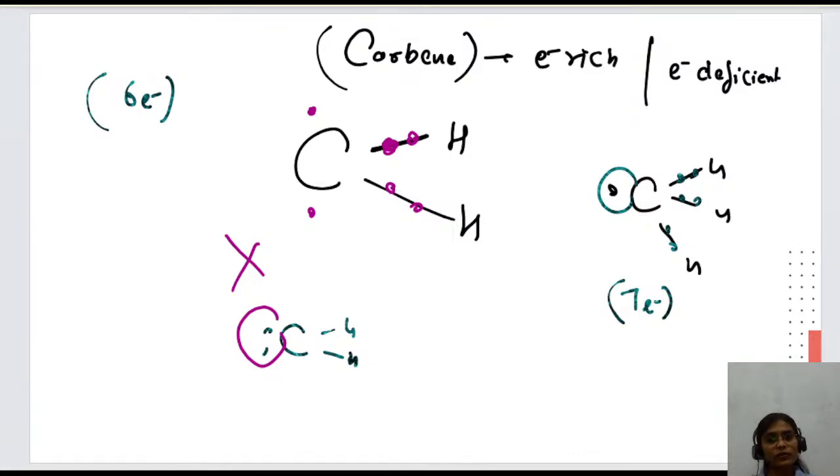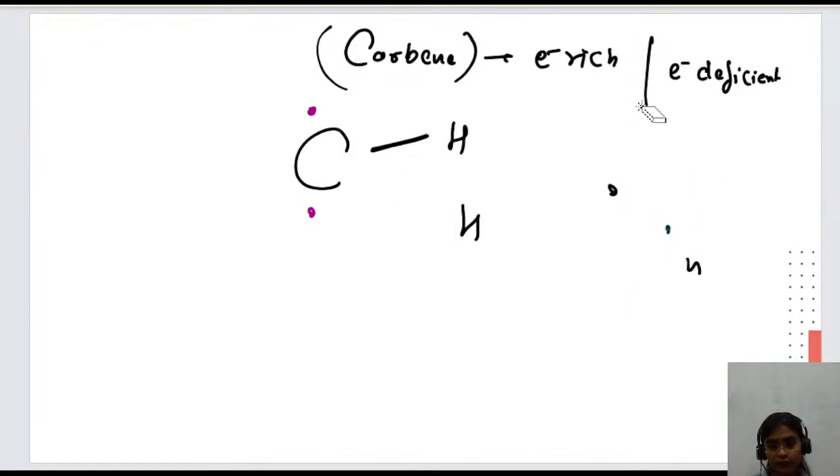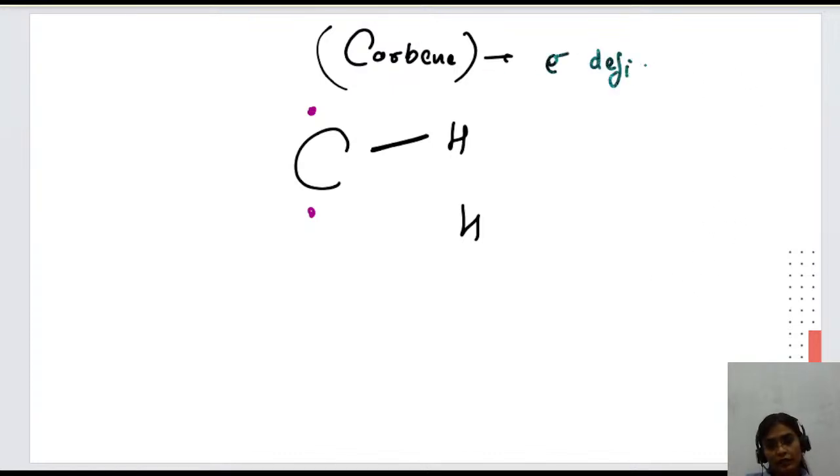Now the next question. Let me just erase this. So now it's electron deficient. Carbene is electron deficient. Second point, 6 electron species.